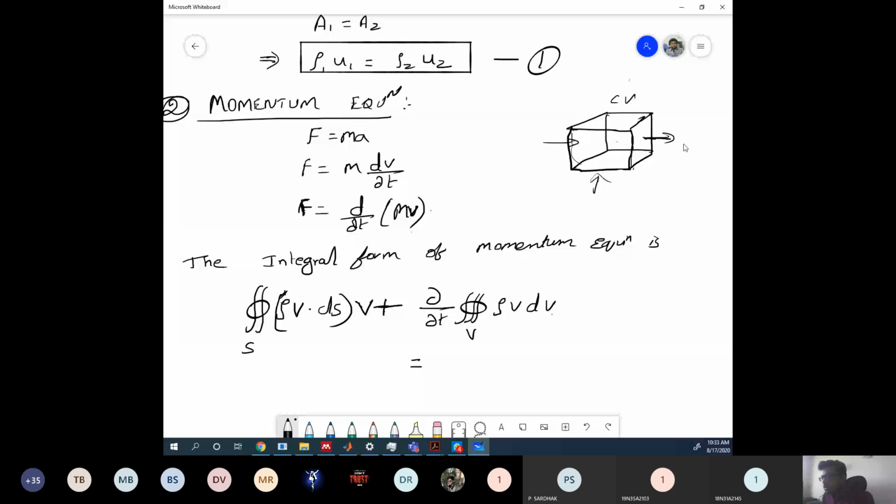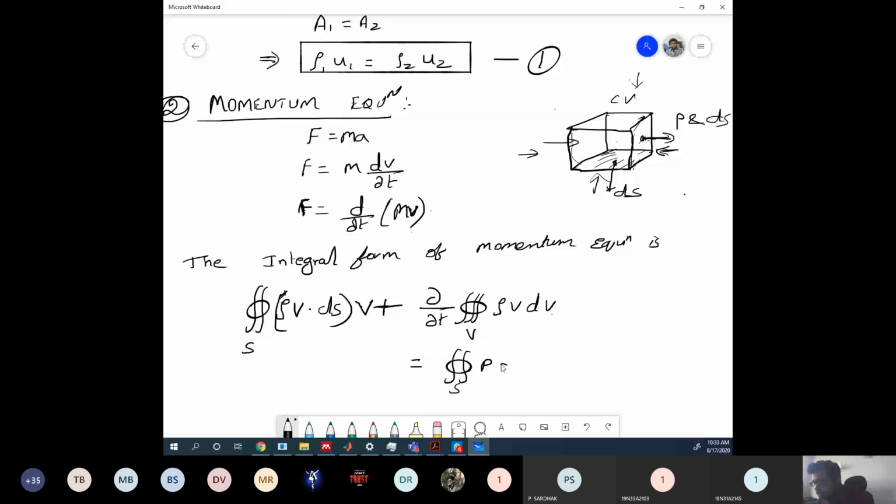Take this as the surface area. For this, the vector dS will be in the opposite direction. Same thing for this: P and dS are in opposite directions, right? So if you take the surface integral of P dS, all the vectors are in opposite direction. That means you should have a negative, right?